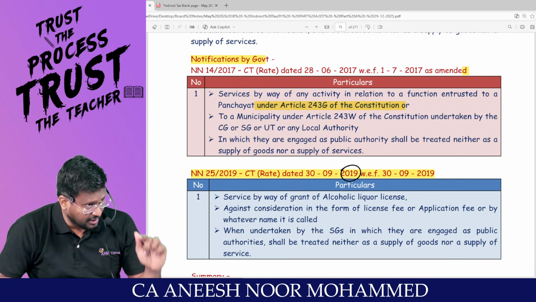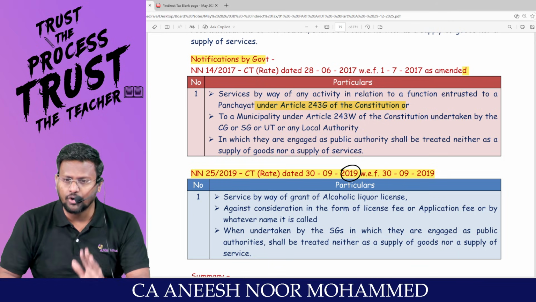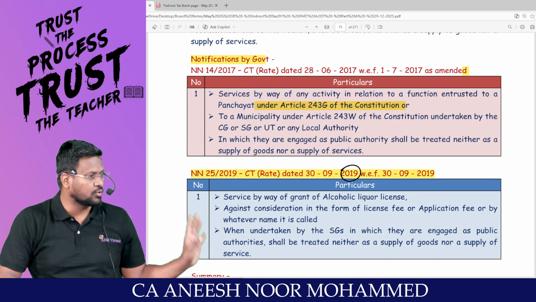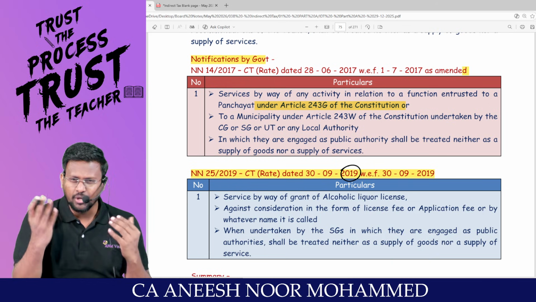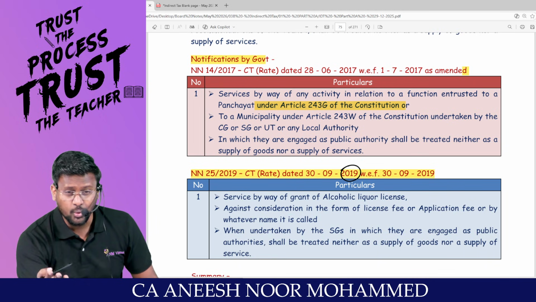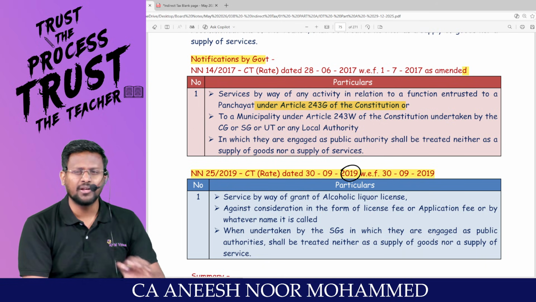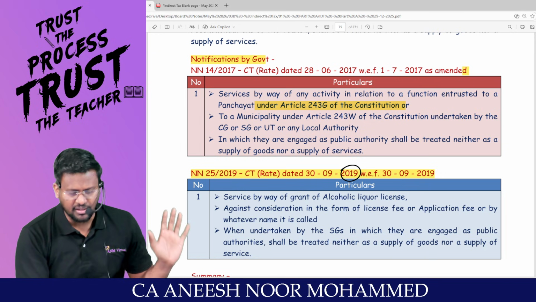If any activity which the panchayat is doing is covered under Article 243G, it is neither supply of goods nor supply of service, because you are not doing it for commercial purposes. You are doing it to serve the people. It is your basic responsibility. It will not be treated as supply of goods or supply of services.